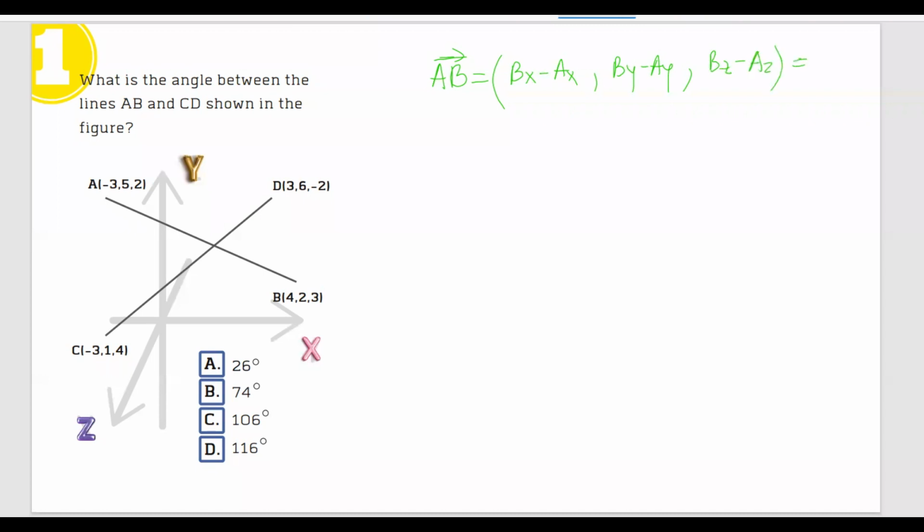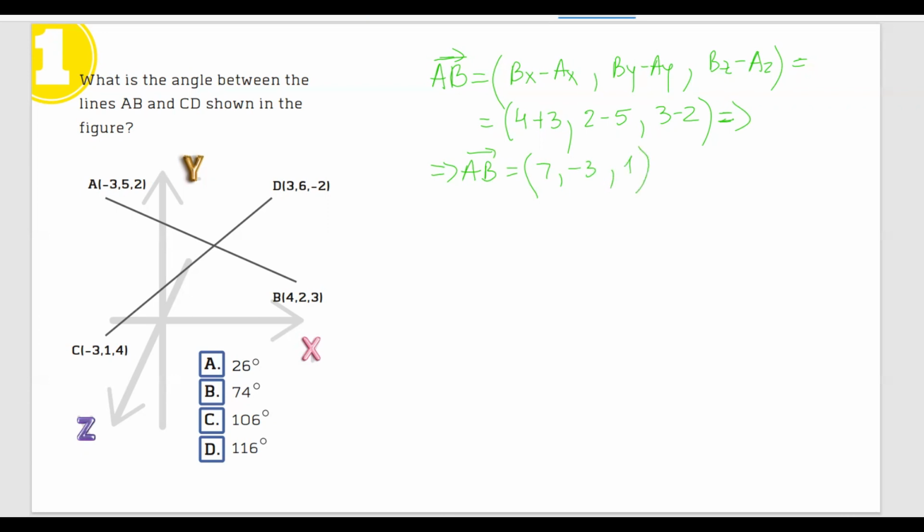And this is going to give us 4 minus 3, plus 3, 2 minus 5, 3 minus 2, and this will give us vector AB. Let me write it down again. AB is going to be 7, minus 3, and 1.